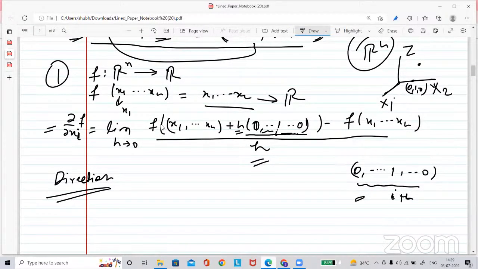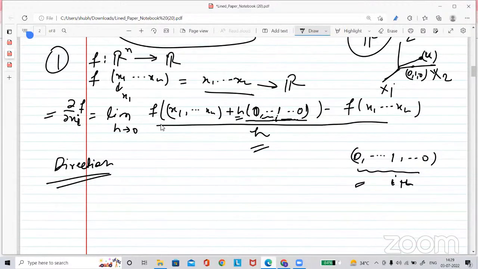Suppose we want to differentiate this function in some specific direction apart from the axes, say this direction is u. This is called a directional derivative. In that direction, how will we differentiate it?